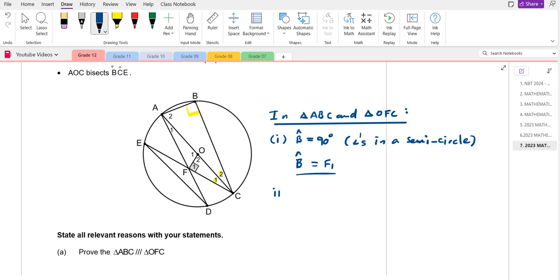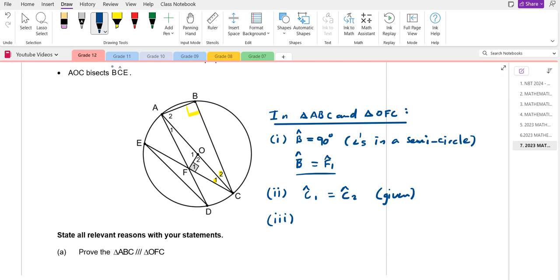Second one, that's your first one. The second one is, remember what we have. Angle C1 is equal to angle C2 because they are given. Right, that's given. And the third one is basically the sum of angles of a triangle, the remaining angles, right?